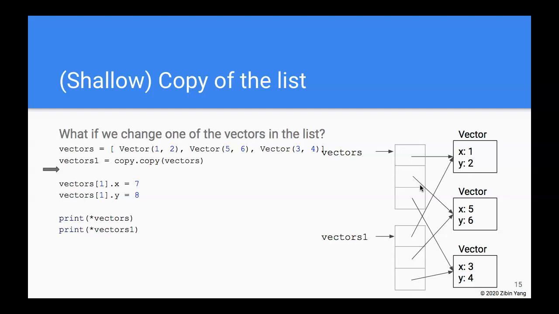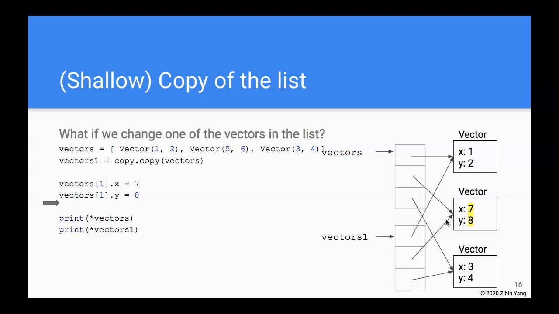What happens in this case? Well, vectors 1, that's this vector, and we change the dot x and dot y, so it would actually change the attributes in this vector instance that this points to. And guess what happens when we print out both vectors and vectors 1?